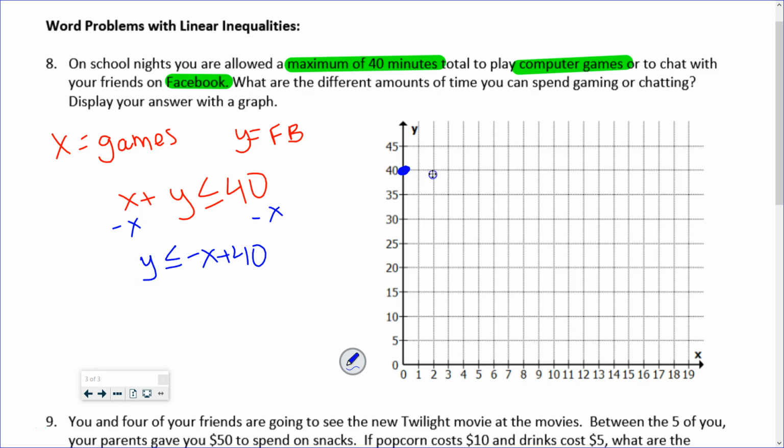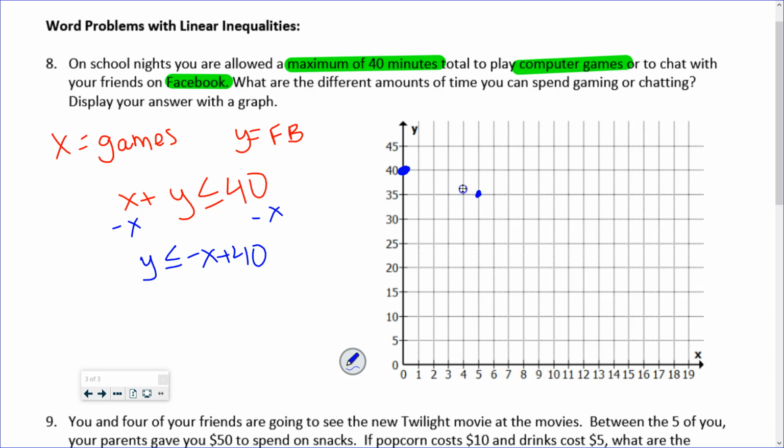Now, what's my slope, first off? It's negative 1. Am I going to go down 1 square and over 1 square? No. Look at the scale, guys. To go down a block is going down 5 minutes. To go over 1 block is to only go over 1 minute. So that's not my slope. If I go down a block, which is 5 minutes, I have to also go over 5 minutes. 1, 2, 3, 4, 5.